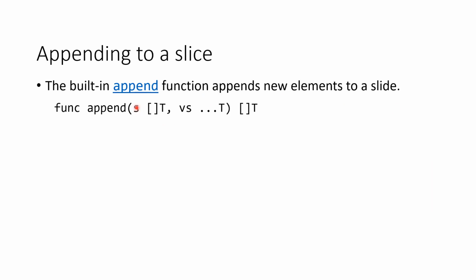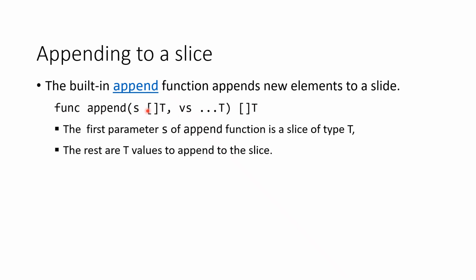It is common to append new elements to a slice, so Go provides a built-in append function. This is how the append function is declared. The first argument of the append function is a slice, and the remaining arguments are the values to append to the slice. Those values must have the same type as the element type of the slice given in the first argument.